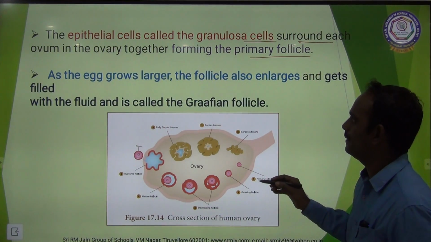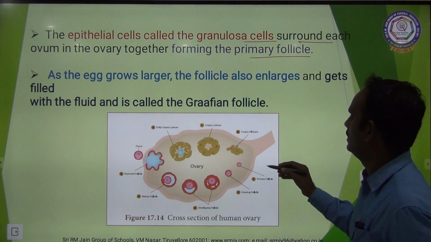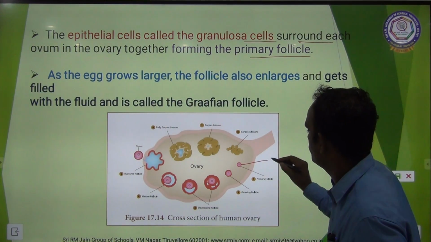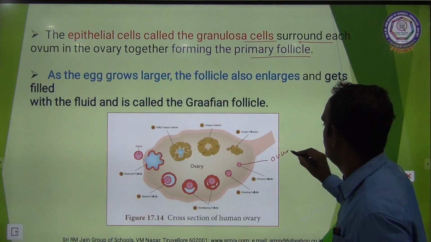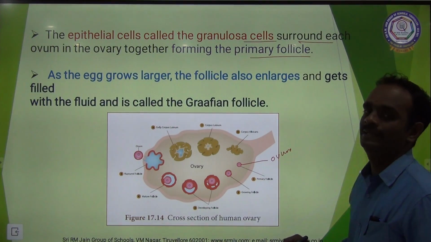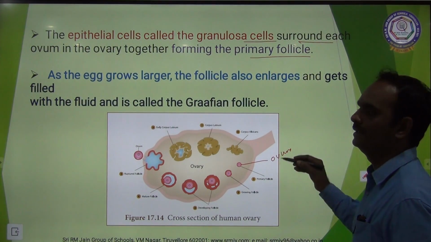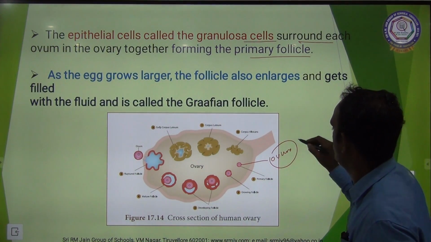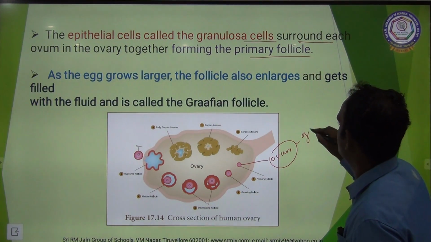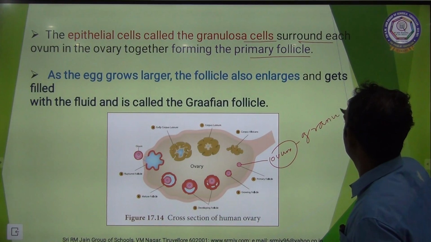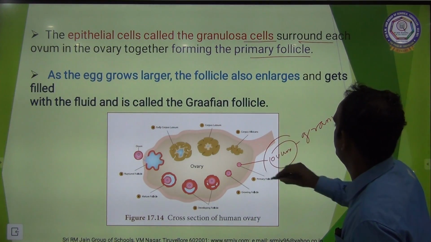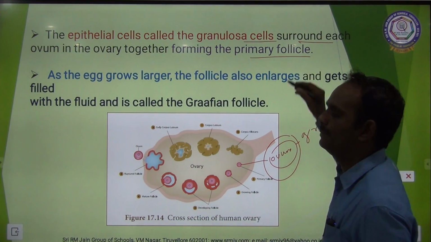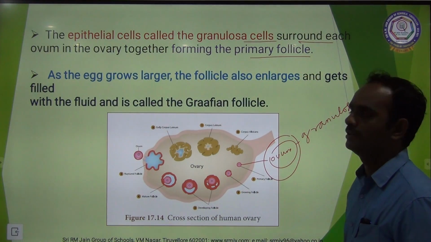See the picture here. This is the ovum, and it is surrounded by granulosa cells, forming the primary follicle.